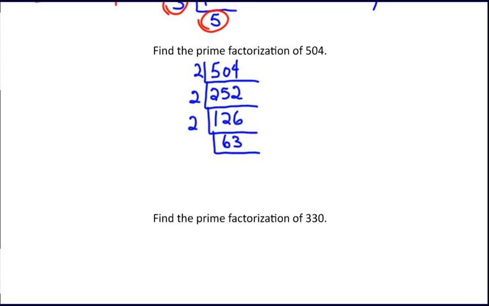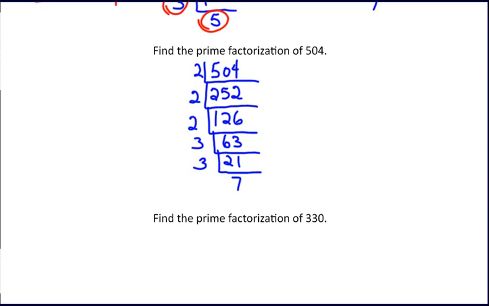63 is not an even number, so let's go to the next prime number, which is 3. 3 goes into 63 21 times. 3 can go into 21 7 times, and I am done.